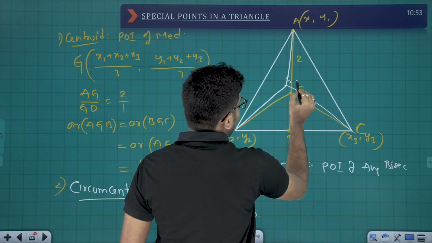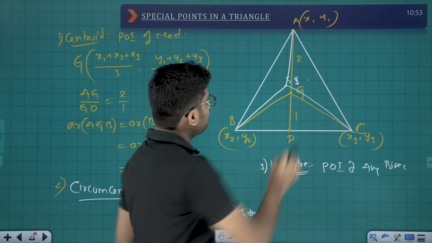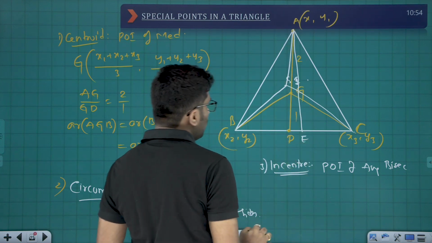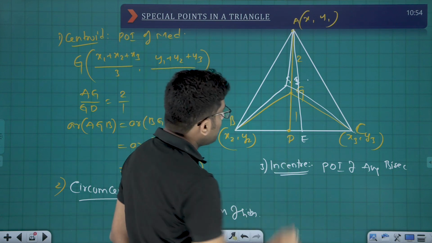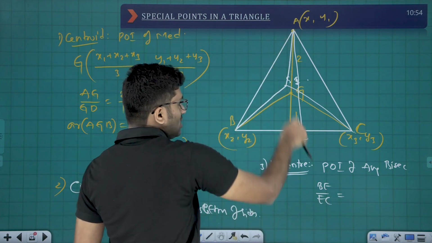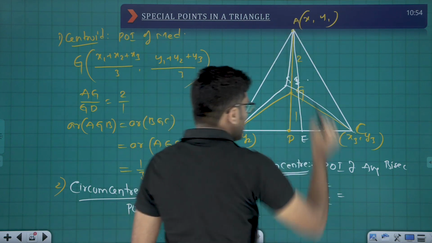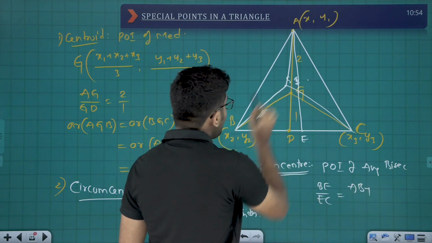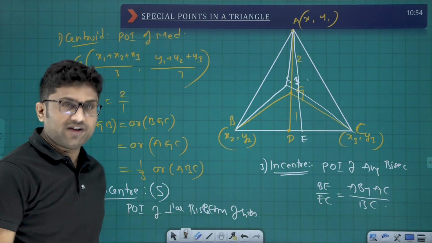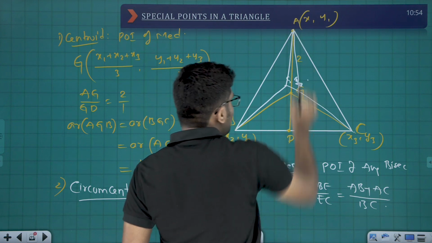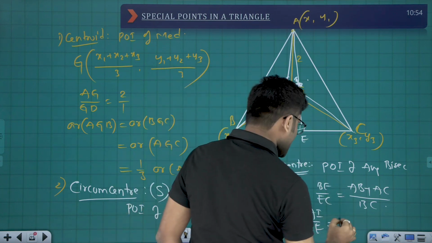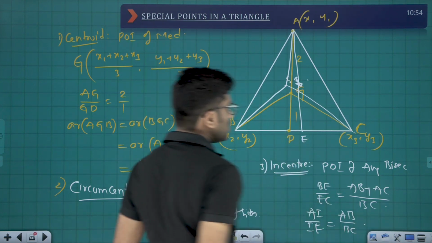Let's say this is capital I. If I denotes incenter, and AE is the angular bisector, now this AE divides BC in the ratio, that is BE by EC is equals to (AB plus AC) divided by BC, and I divides AE in the ratio, that is AI by IE is equals to (AB plus AC) by BC. These are the two important ratios that we have.